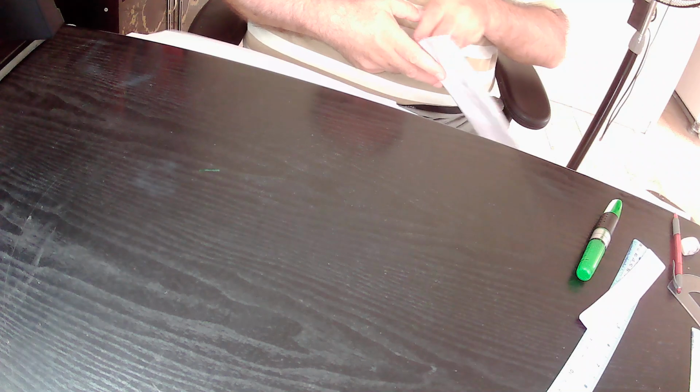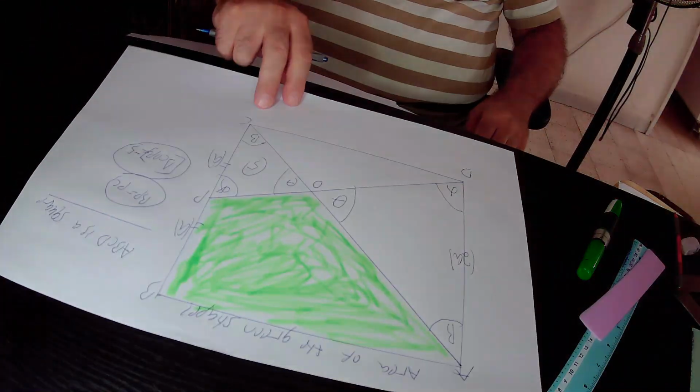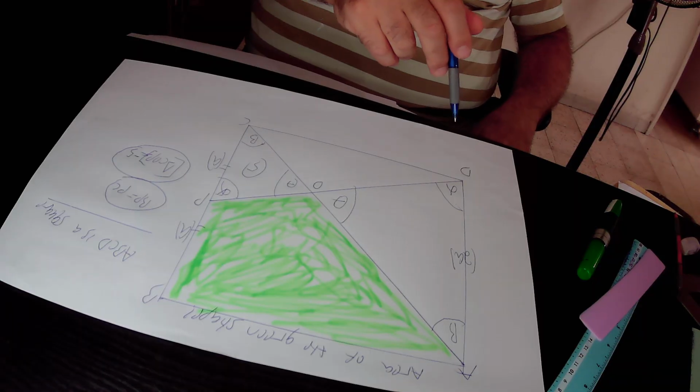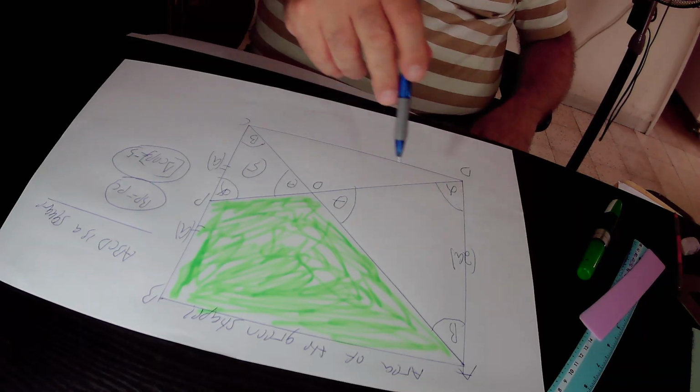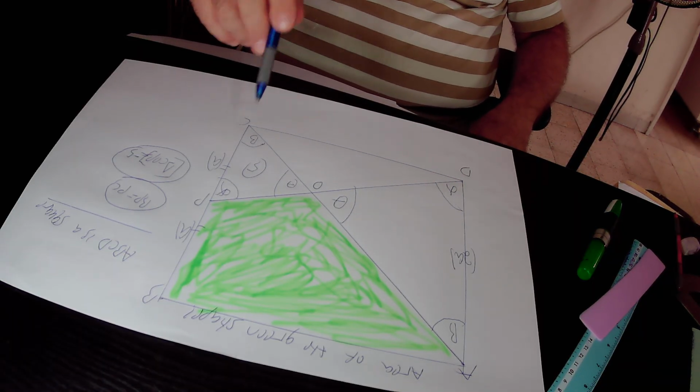Why? Because in our drawing we have already found out that the big triangle DOA is similar to the small triangle COP.